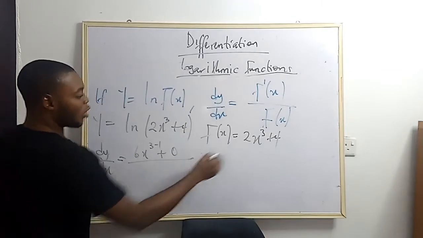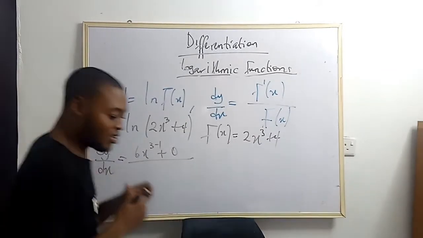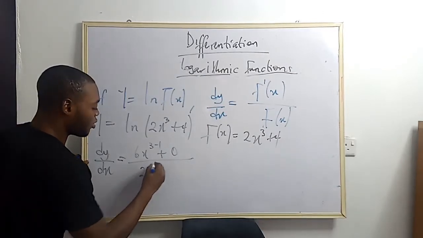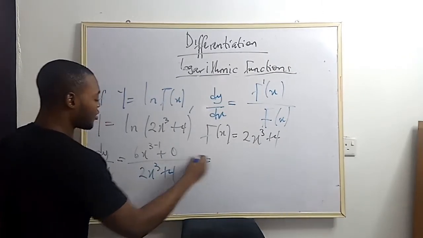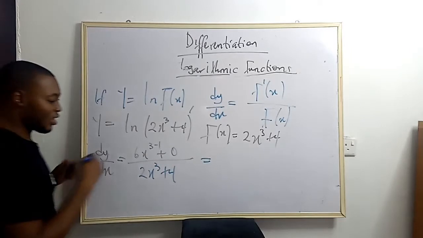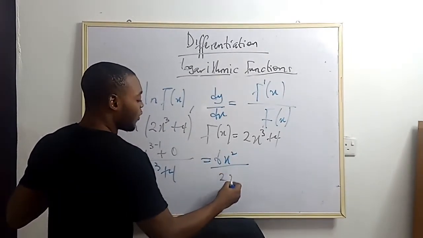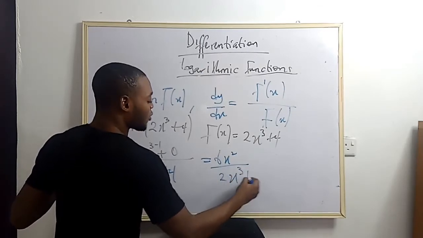That's f prime of x, all over f of x, which is 2x cubed plus 4. That equals 6x squared over 2x cubed plus 4.